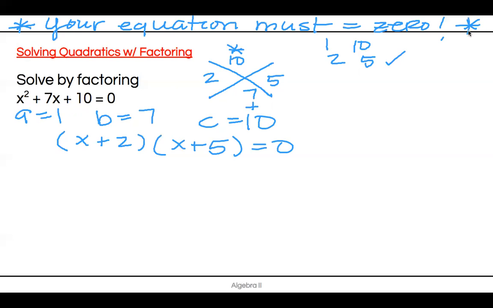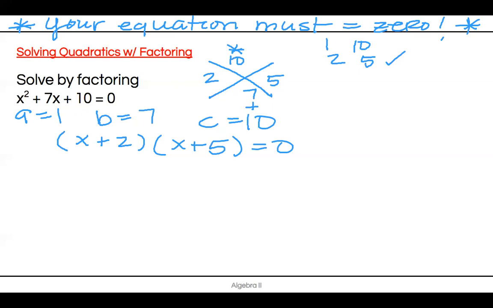If it doesn't equal 0, then you have to make it equal to 0 before you can factor. Okay? I should have said that in the beginning. Totally slipped my mind. Okay? So now we're at this point here where x plus 2 times x plus 5 is equal to 0, right?